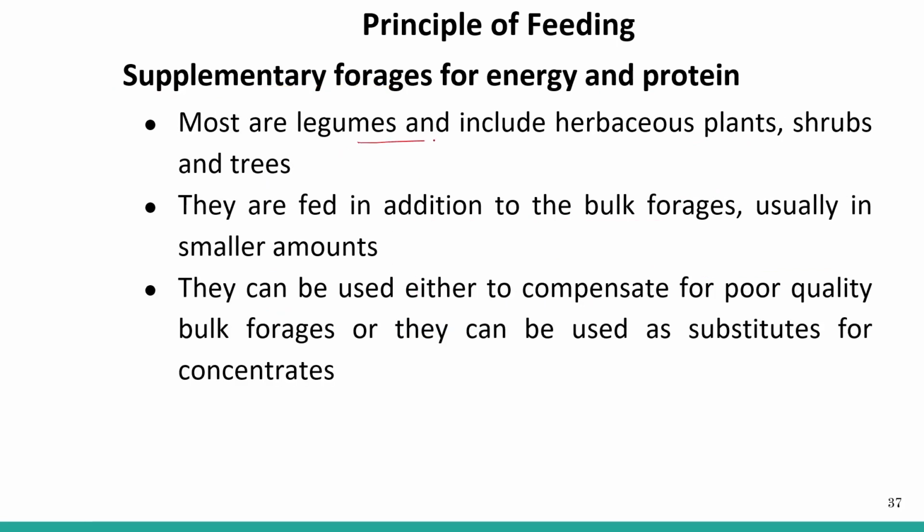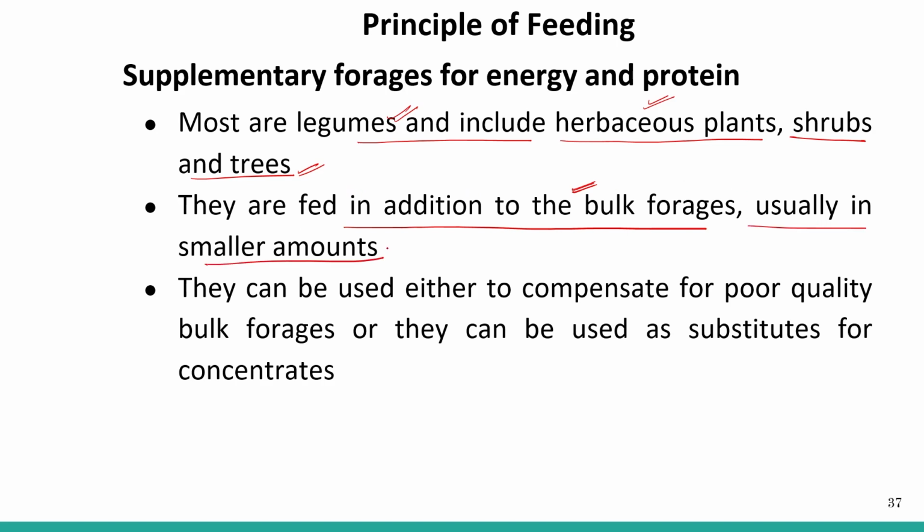Most are legume and include herbaceous plants. So generally they are leguminous, herbaceous plants. Some shrubs and some trees are also used for supplementary forage. They are fed in addition to the bulk forage. So animals are fed with the bulk forage, and along with that, supplementary forage is also fed, usually in smaller amounts.